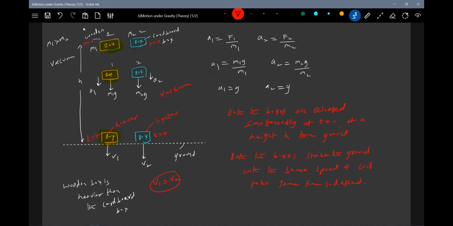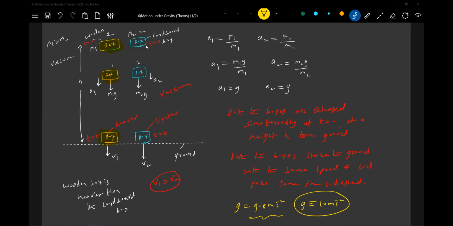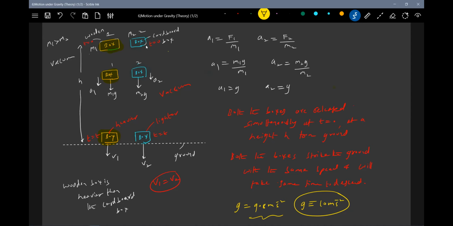And what is the value of g? We'll take g equal to 9.8 meter per second square, approximately, for our numericals. This is the acceleration due to gravity that is provided by the gravity on both the boxes, and both are going to have that uniform acceleration.